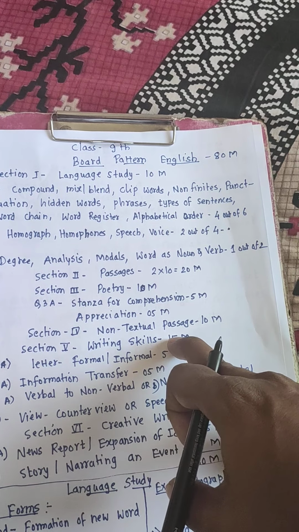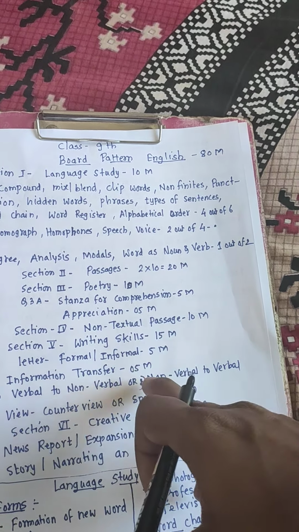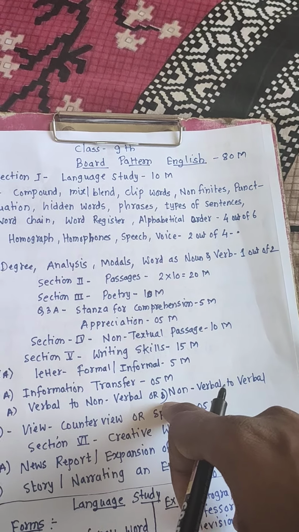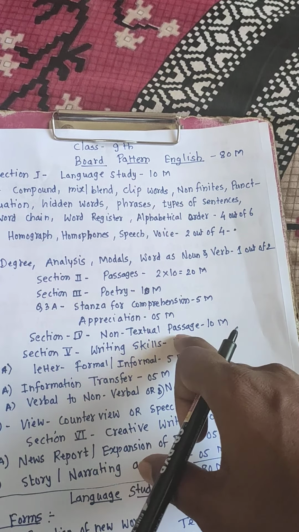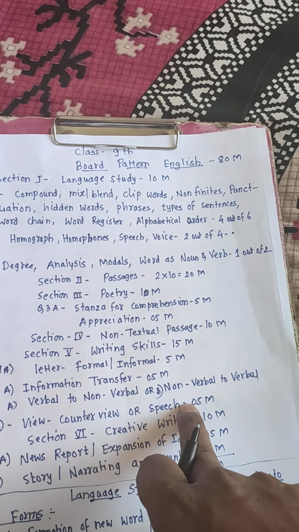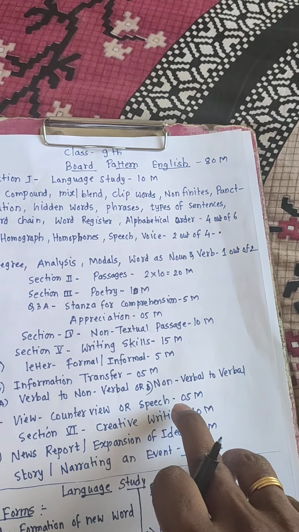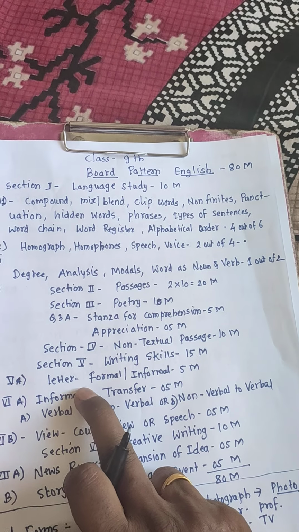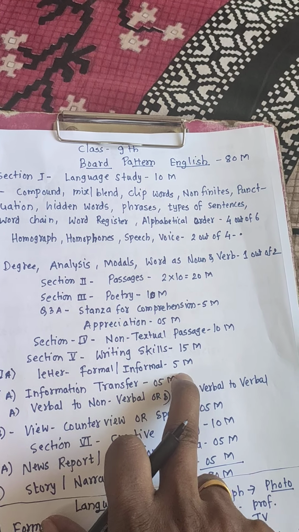Whoever the student who studies well in this section and writes well in this section in the exam, that student can only cross 90. Remember this. So you have to focus more on this section. Writing skills is in total for 25 marks. Section 5 for 15, section 6 for 10 marks. What is there? In section 5, letter will be there, formal or informal for 5 marks.